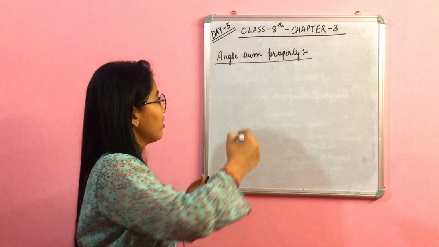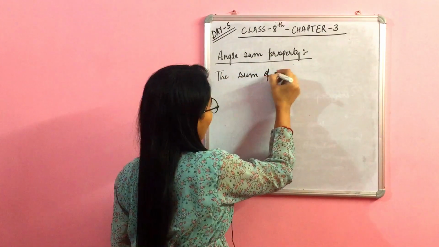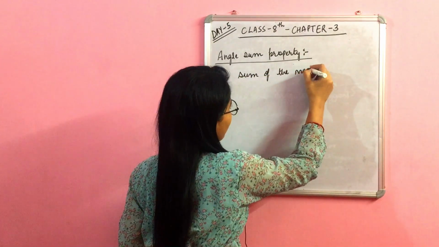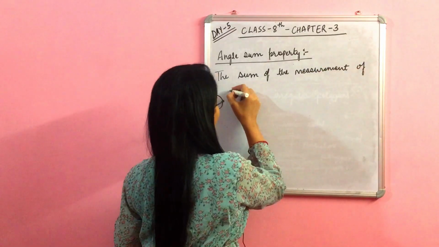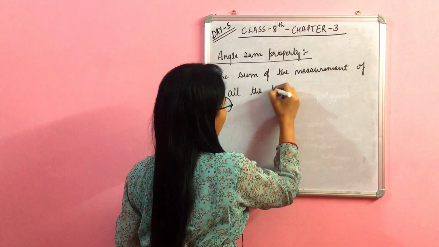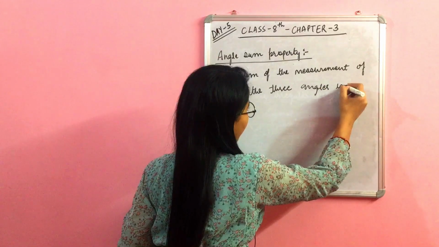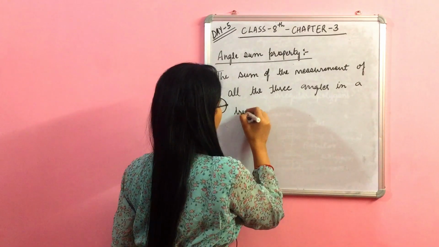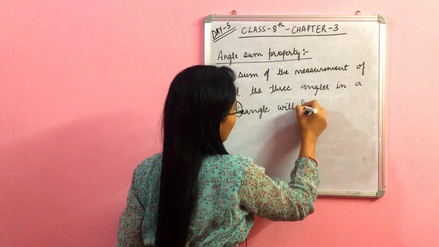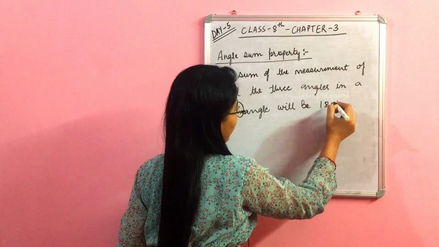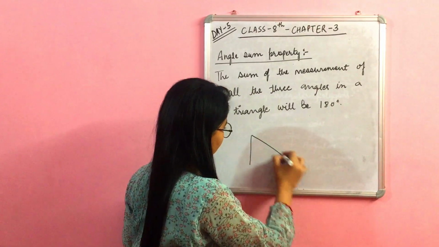So I'll just write the definition here: the sum of the measurement of all the three angles in a triangle will be 180 degrees. Okay, so let us say I am having a triangle like this.